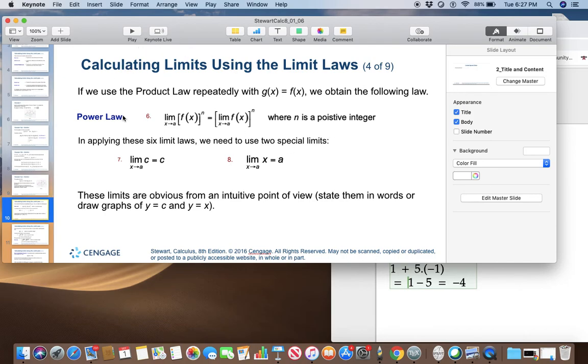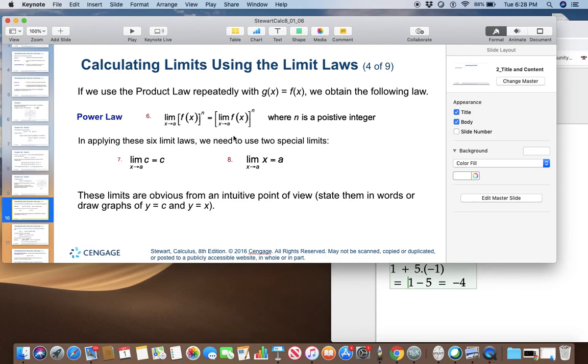Here is another law, that is the power law. The limit as x approaches a of f(x) to the power n is the limit as x approaches a of f(x), to the power n. That is, the limit of the power is the power of the limit. Okay. So power is nothing but repeated multiplication.